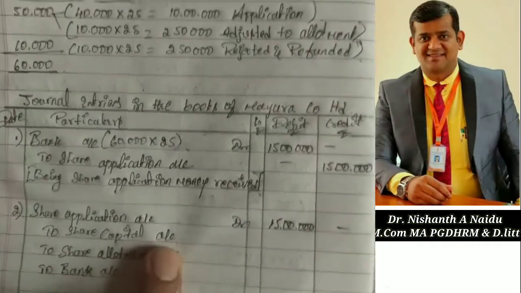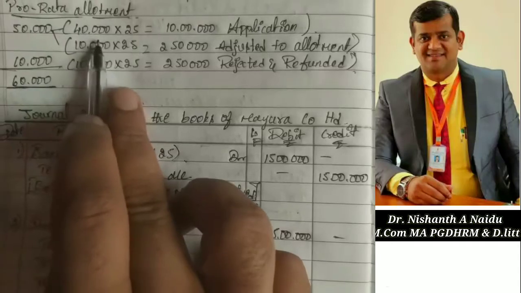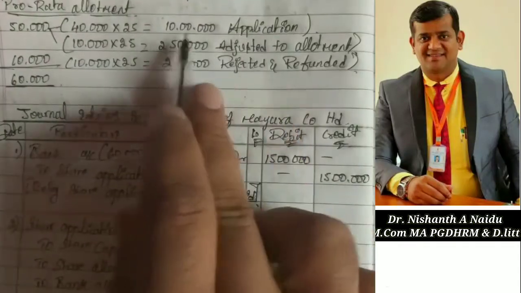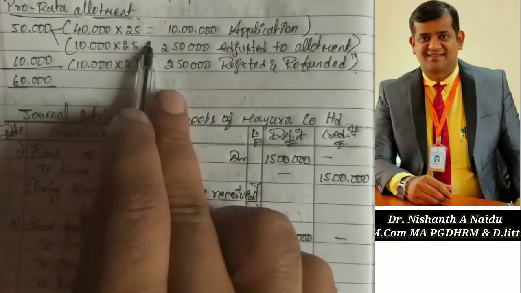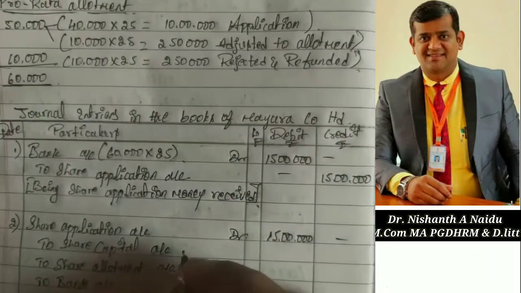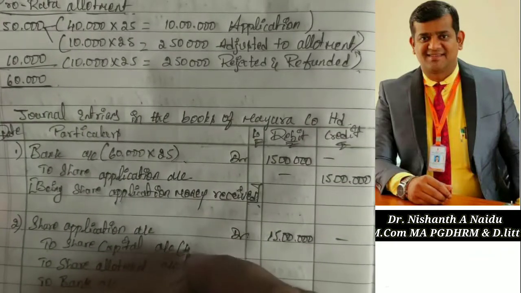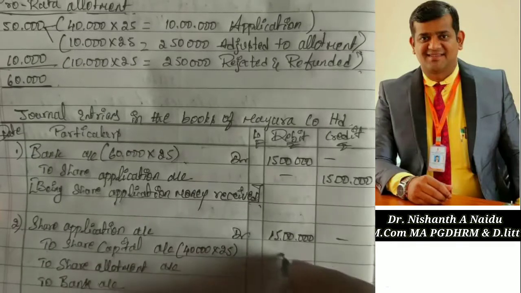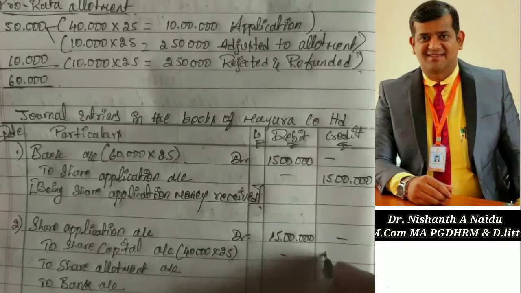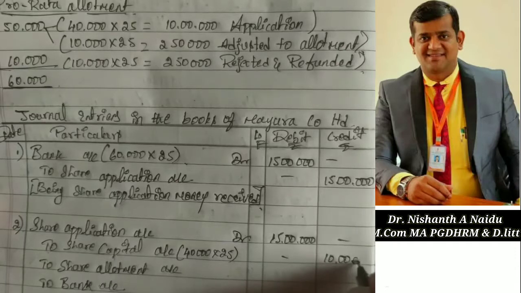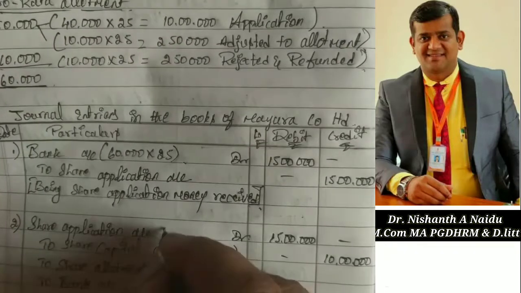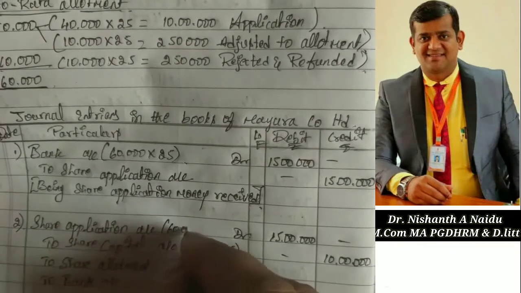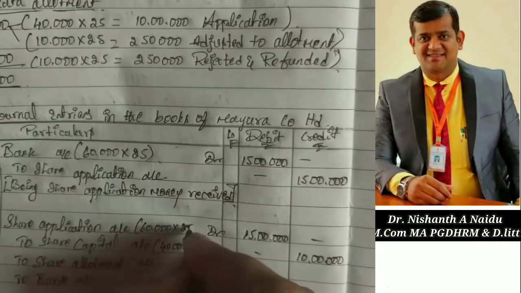To share capital account, if you refer to this pro rata calculation, you will understand. For share capital account how much? 40,000 into 25, so that is 10 lakh rupees. For this you can also mention 60,000 shares at rupees 25.